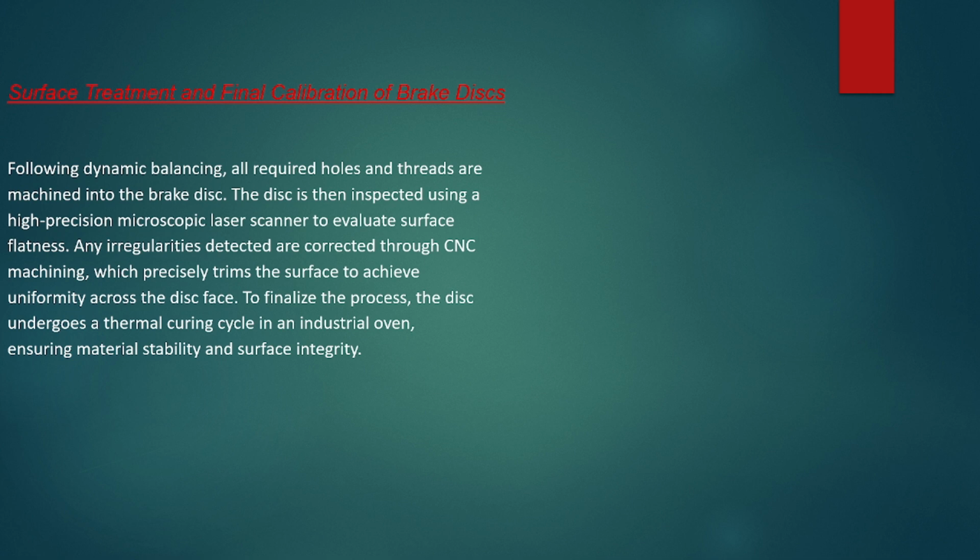Any irregularities detected are corrected through the CNC machine, which precisely trims the surface to achieve uniformity across the disc face. To finalize the process, the disc undergoes a thermal curing cycle in an industrial oven, ensuring material stability and surface integrity. This was the summary of the surface treatment.